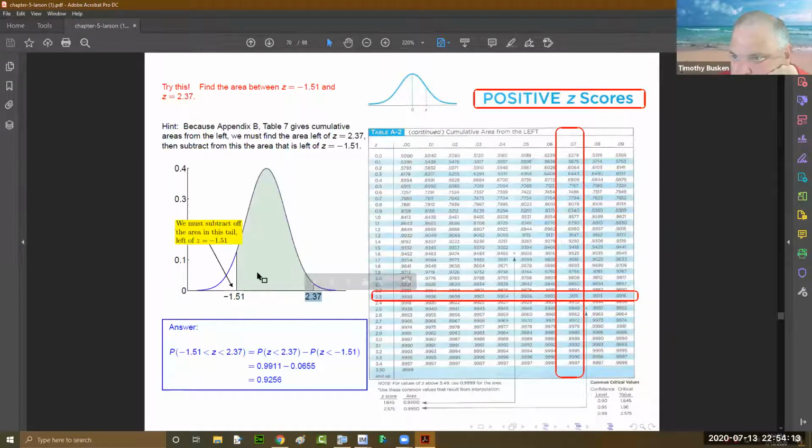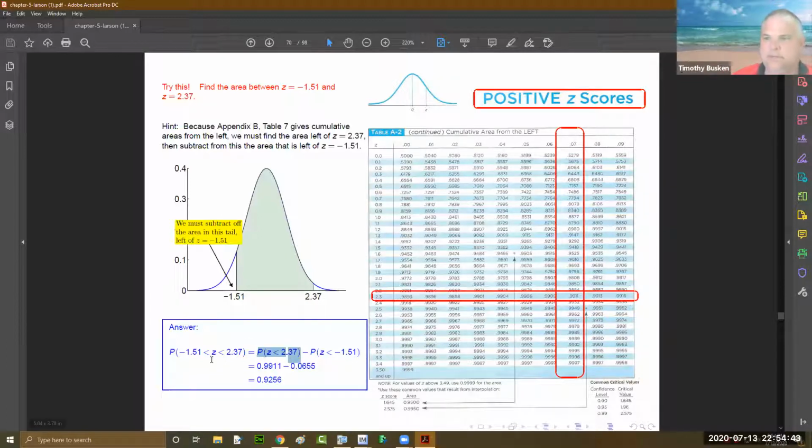So that includes this green area plus the white area over here. And then we're going to subtract off the probability z is less than negative 1.51. When we get this first probability on the z-table, it sums up the green area and the white area here. Since that's too much area, we've got to subtract off the white part.